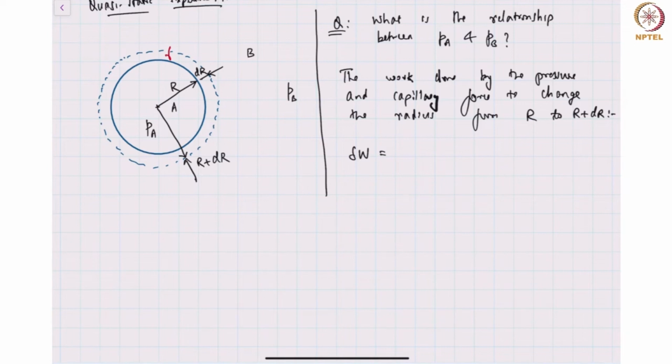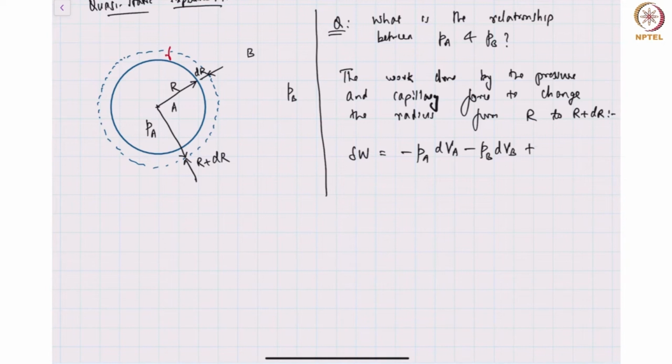This quantity is equal to minus PA dVA, because you are increasing the volume of A. You are also consequently changing the volume of B. And then there is a capillary work.